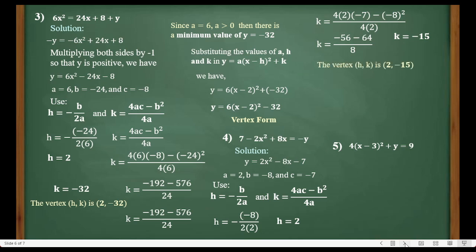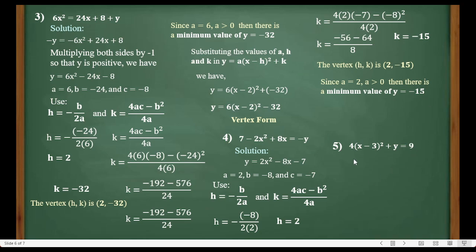Therefore, we can declare the vertex, which is in terms of a pair of coordinates h and k. And particularly, the vertex of this given function in number 4 is a pair of coordinates 2 and negative 15.